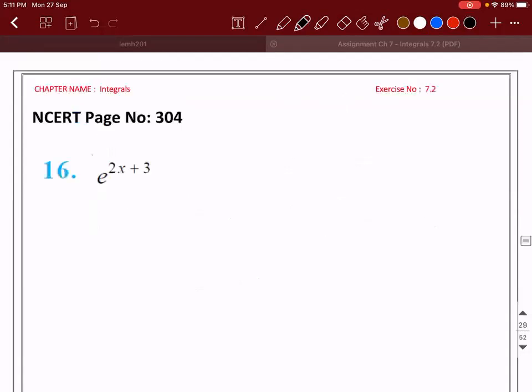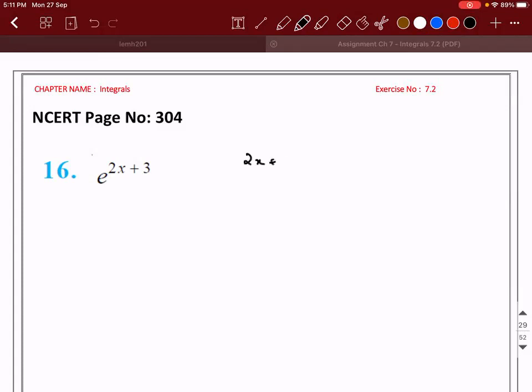So integral of e power 2x plus 3. Sir, it'll be e power 2x plus 3 only, sir. So what is the answer?